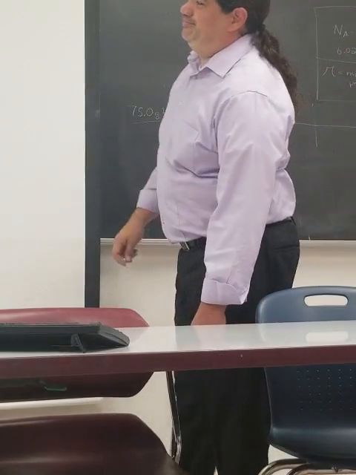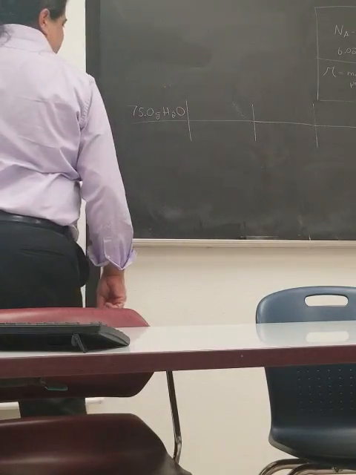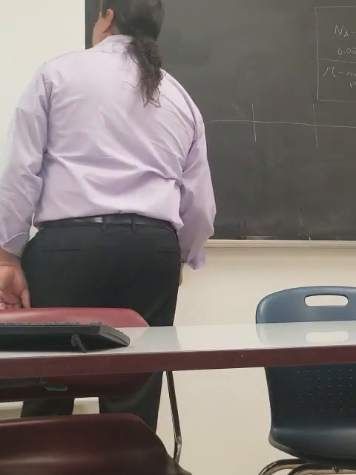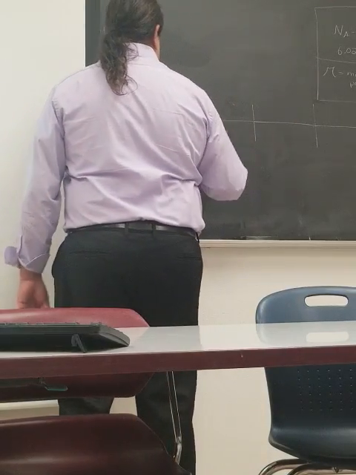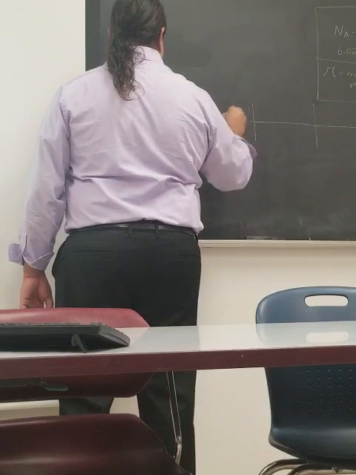Actually, I think I probably won't have a problem like that in the test that requires that many steps. But we'll work it. So, we convert to moles by dividing by the molar mass.